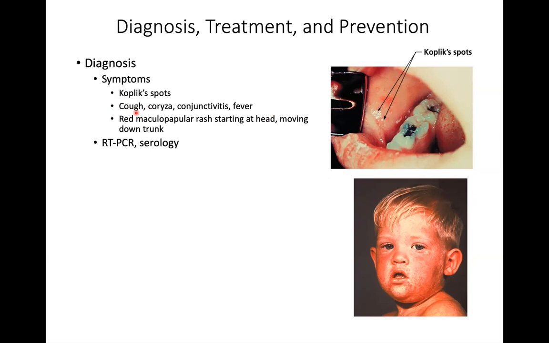Because remember, it causes syncytia in the upper respiratory tract. They can have runny noses, they can have conjunctivitis, and generally a fever, okay? So taken together, these symptoms don't sound too bad, but when you consider the 1 in 20 chance of pneumonia and the 1 in 1,000 chance of severe complications like encephalitis, it's not a mild childhood disease.